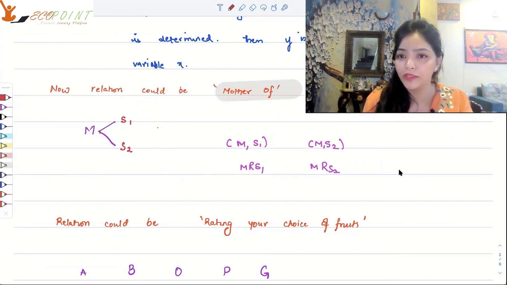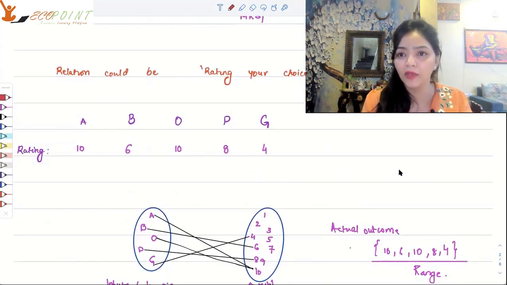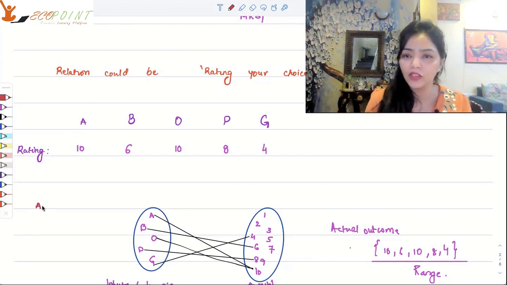Rating of your choice of fruit. I gave the same rating to two fruits, A and O, that is apple and orange. They both are 10 for me. Is this a function? Well, yes. The score of 10 is unique for A and the score of 10 is unique for O. It's not that I'm giving two scores to the same fruit.